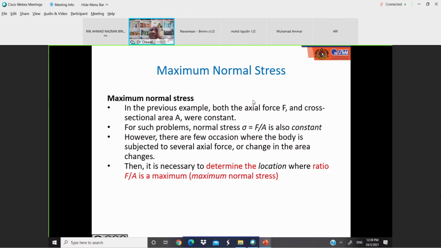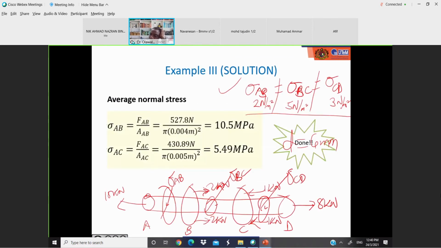Maximum normal stress. In the previous example we looked at, both your axial force and cross-sectional area were constant. For such problems, you just calculate your average normal stress, which is force over area. However, there are some times where the body is subjected to several forces like this one.